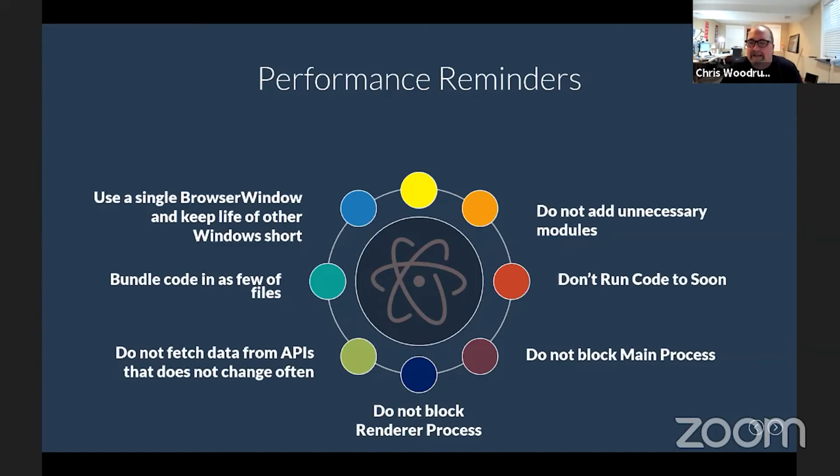If it is data that doesn't change often, maybe you can bring that into the application itself and save yourself the latency, unless it's a large data set that's going to impact the size of the executable, then don't do that. But just be smart about fetching data from those APIs that feed into your web application that gets hosted inside your Electron application.